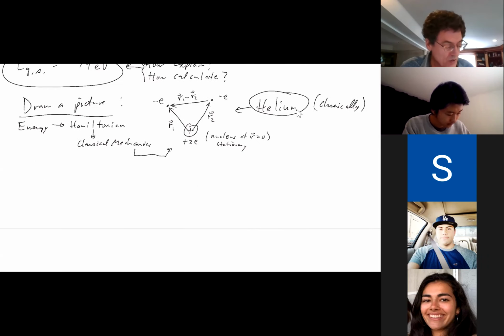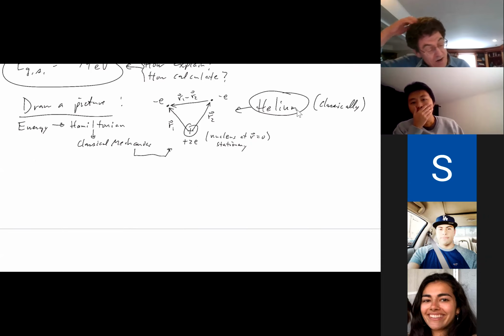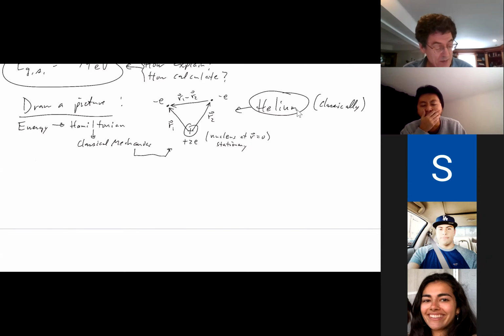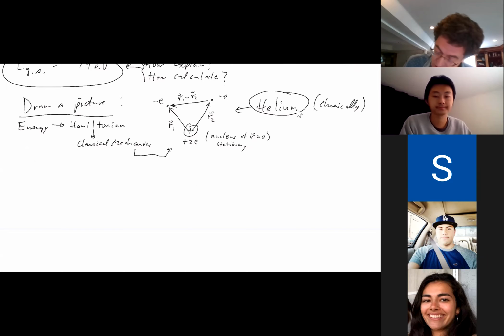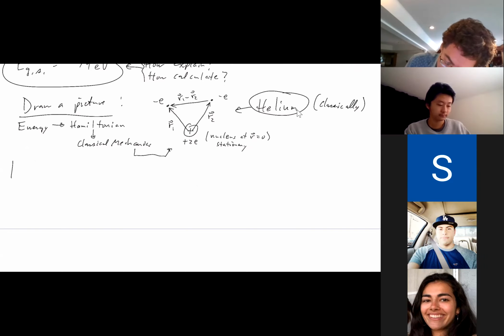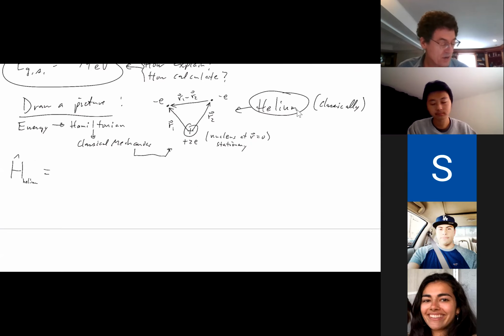But now we got to go to quantum mechanics. So what is the Hamiltonian? So H for helium, let's write out the Hamiltonian.